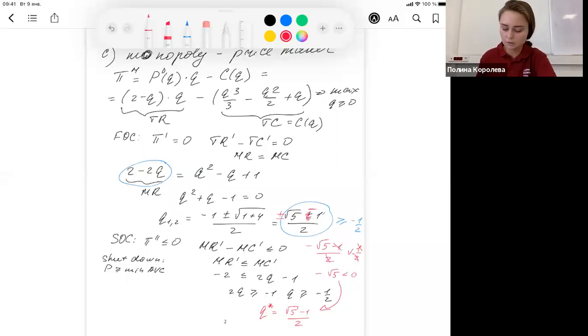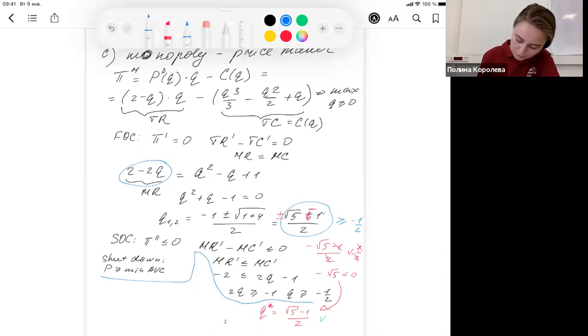So monopolist chose the quantity that it will produce, and now monopolist should choose the price. How will he do it? Easy. He will choose the price as maximum willingness to pay for such quantity. And maximum willingness to pay is the definition of inverse demand function. To find monopolist price, we should put into inverse demand function our equilibrium quantity, as maximum willingness to pay.